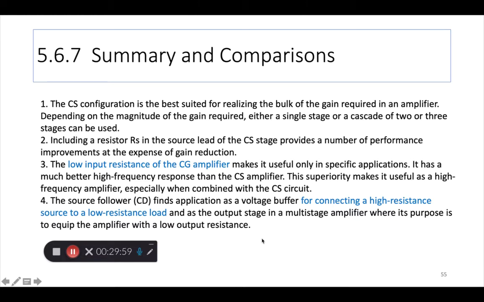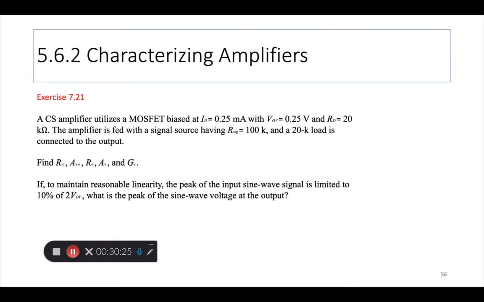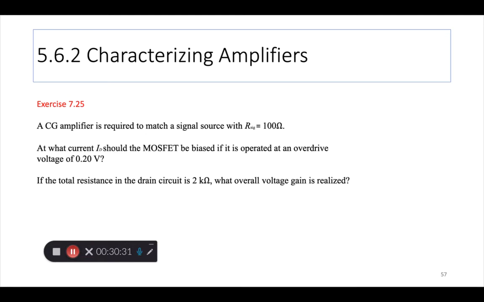Those kinds of speakers have low impedance, and to connect your CS stage to the speaker, you need a matching stage in the middle, and that matching stage is generally a source follower or common drain type voltage buffer.